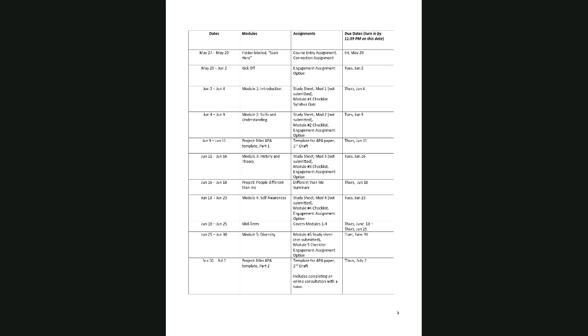This one, you can see you're going to be doing some modules with names like skills and history and self-awareness. So that might give you some clues, along with some projects that are called Different Than Me, or some that might seem a little bit ominous or scary, called an APA paper, but that is really a lot simpler than it looks.